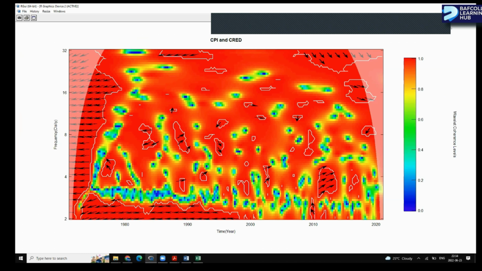Remember our definition of contagion: the beginning is 1970, 71 to 2020. Not quite 2020, but let's take that as say 2009.